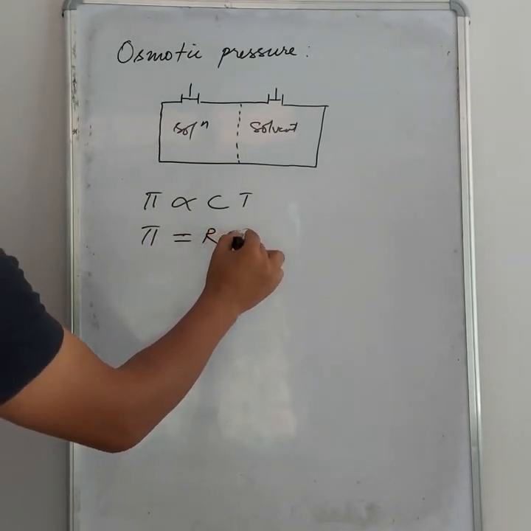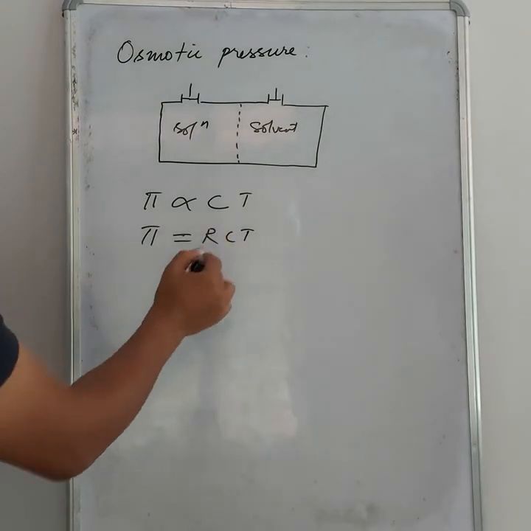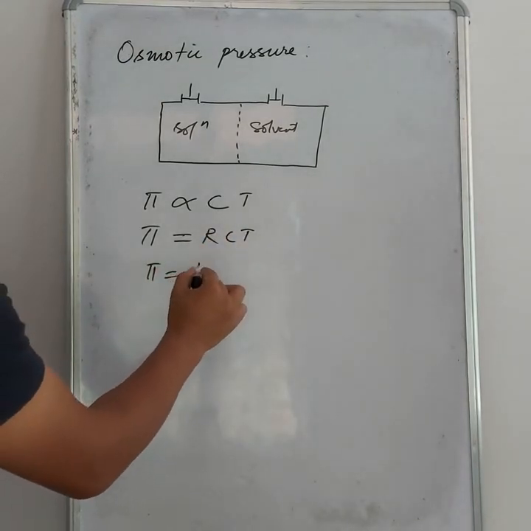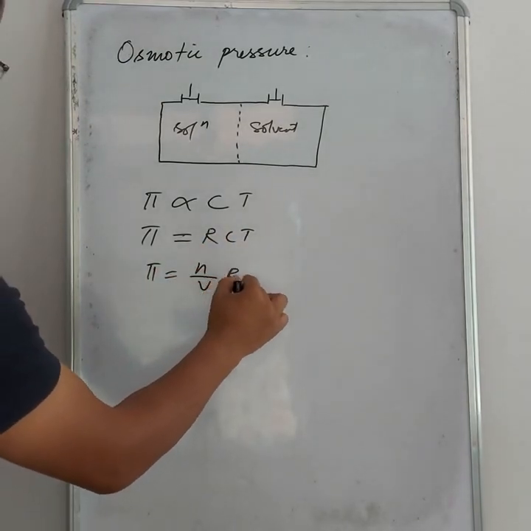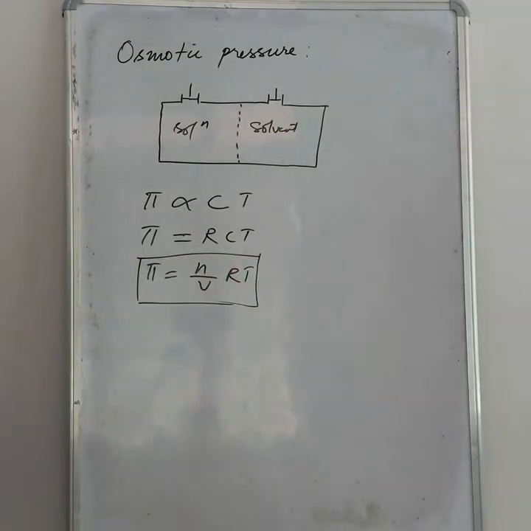So this is our equation for osmotic pressure. Now we can express concentration as number of moles over volume. Now this looks like our ideal gas equation, so that's what we'll use.